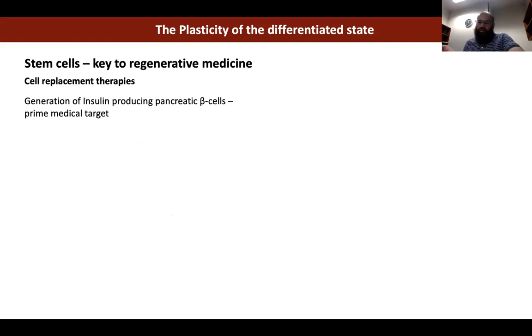And finally, we will consider the generation of insulin producing pancreatic beta cells, which is also a prime medical target because of hundreds of millions of people suffering from diabetes.